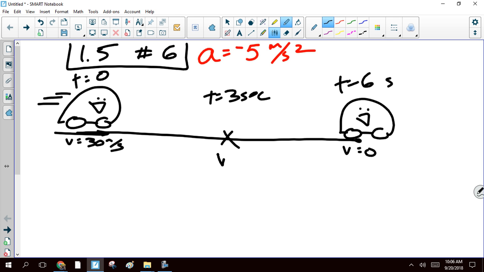And the question wants to know, what is that velocity, right? So question B is asking for the velocity at the end of that yellow time interval. Does that make sense?